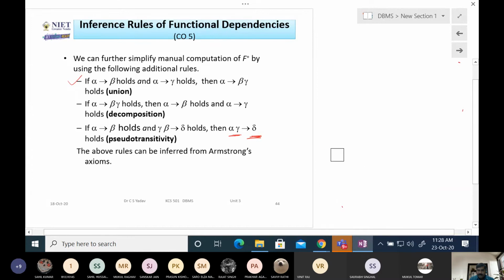Very simple questions, and if you know Armstrong's axioms, you can solve this question. If you don't know Armstrong's axioms, then with the help of the closure of an attribute set, we can verify whether it is true or not.